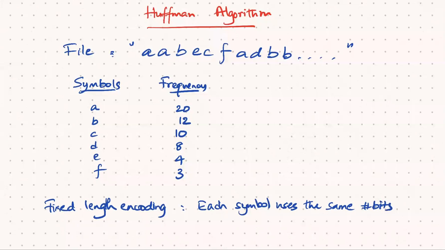Over here we have 1, 2, 3, 4, 5, 6 symbols, right? And if we have to encode 6 different symbols, we would in this case require at least 3 bits.